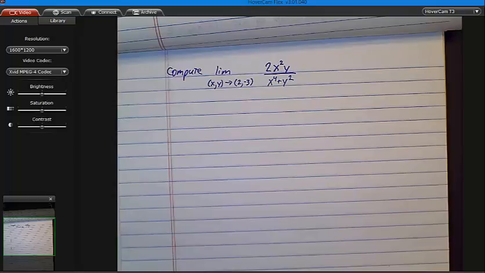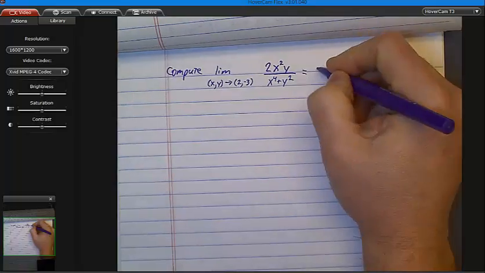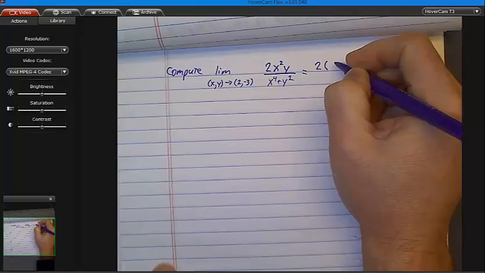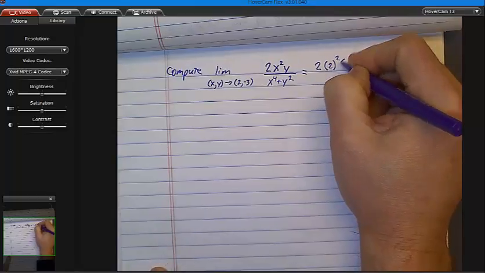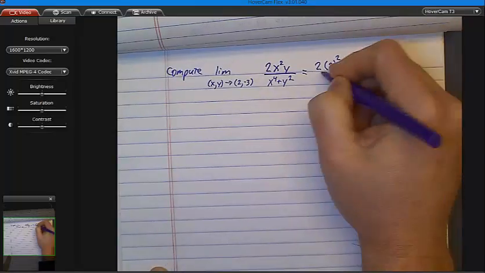At the origin, the point 0, 0, same concept, right? The denominator is undefined, and so it's not continuous there. But since it is continuous, all I have to do to compute this is what? Everywhere there's an x, plug in a 2. Everywhere there's a y, plug in a 3, right?